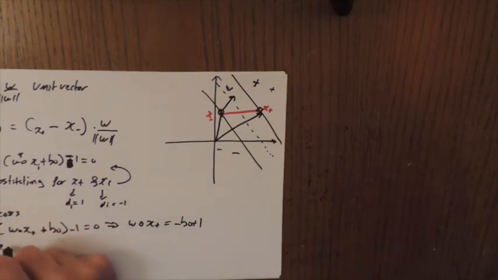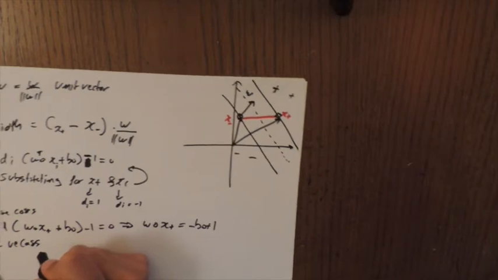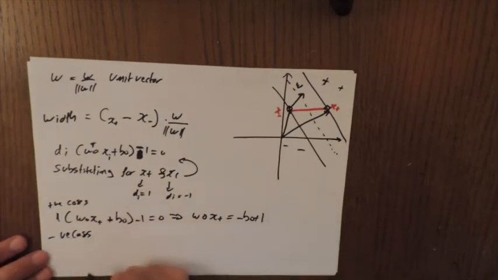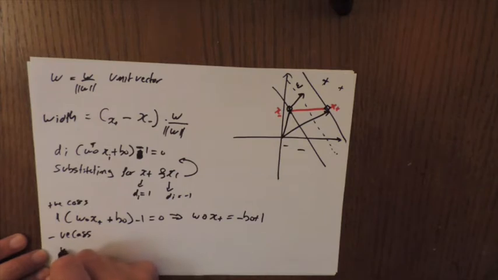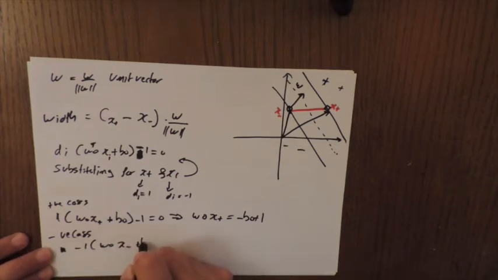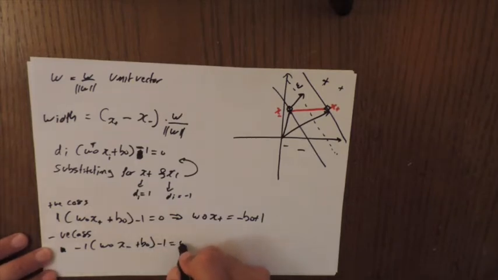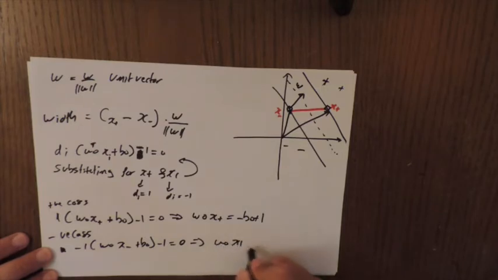For the negative cases, we have minus 1 times W0 x minus plus b0 minus 1 equal to 0, which implies W0 x minus is equal to minus b0 minus 1.